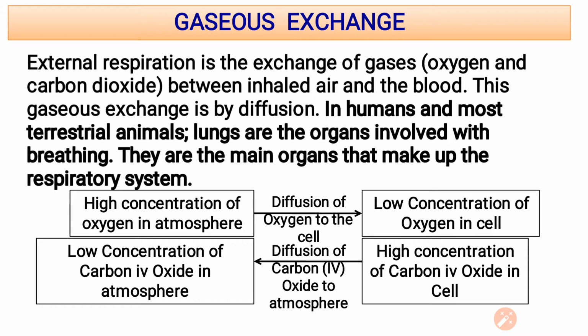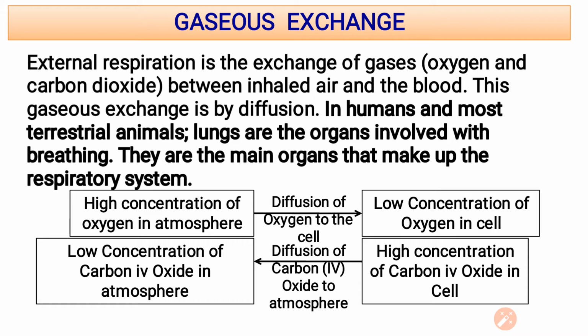Take a clear look at this diagram and watch the arrows. We have a high concentration of oxygen in the atmosphere and a low concentration of oxygen in the cell. Diffusion will occur, that is, oxygen will move from high concentration, which is the atmosphere, into the cell of low concentration.